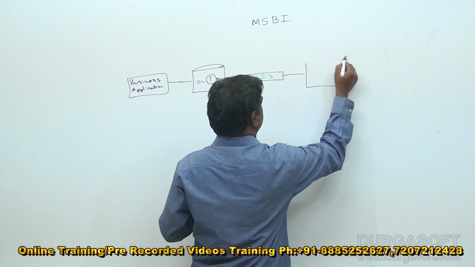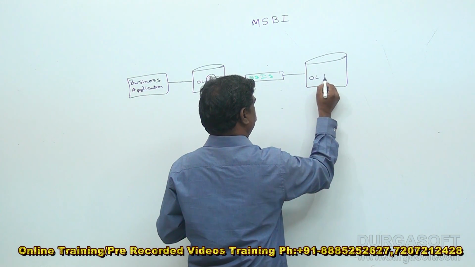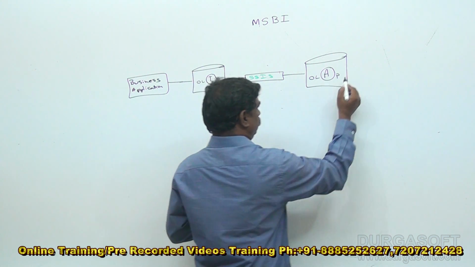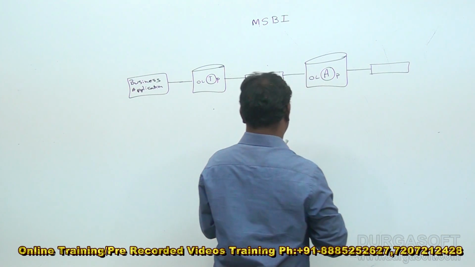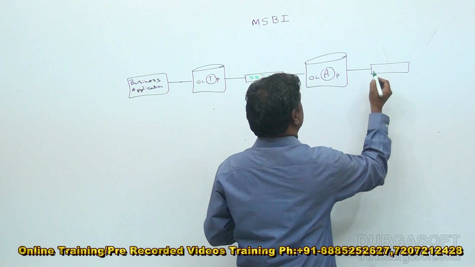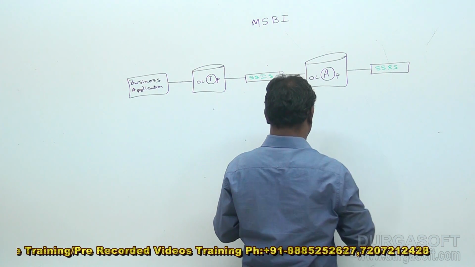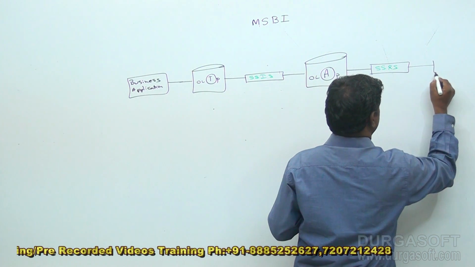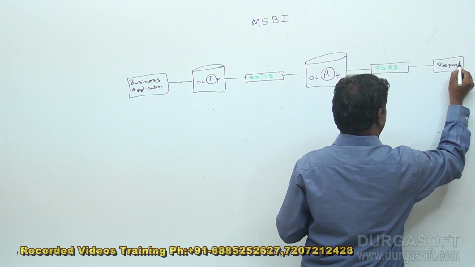And from this we are creating a separate system called an OLAP, and here we are using the second module of MSBI called SSRS, and with the help of that we are designing the reports and publishing the reports.